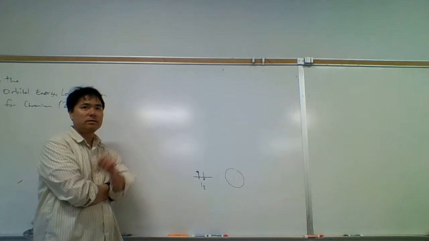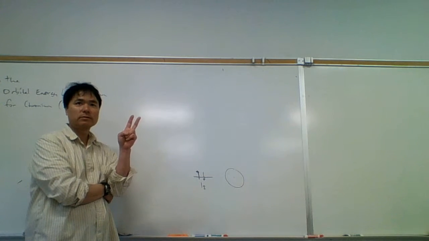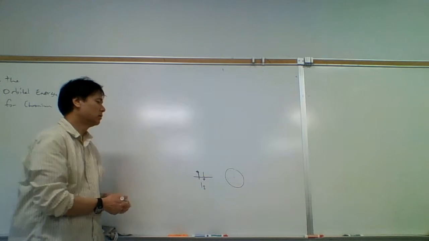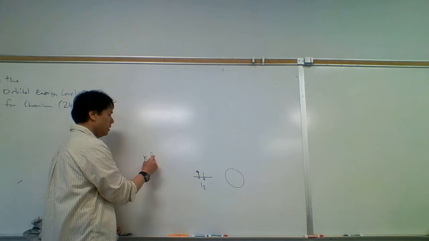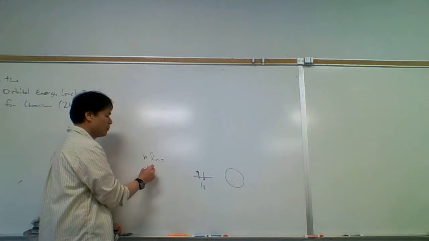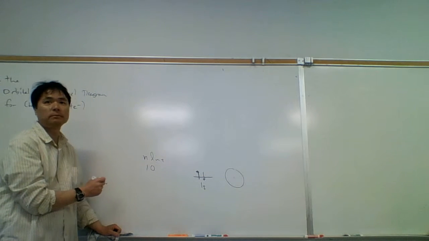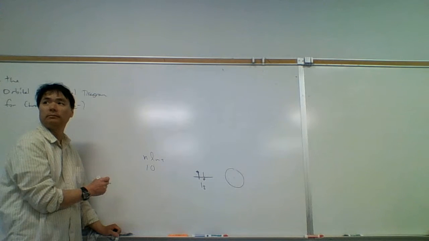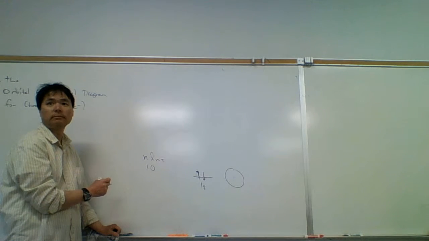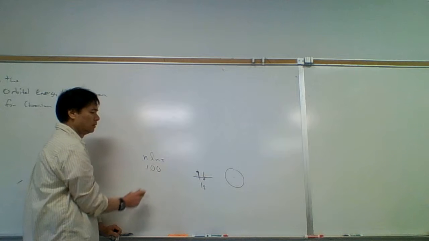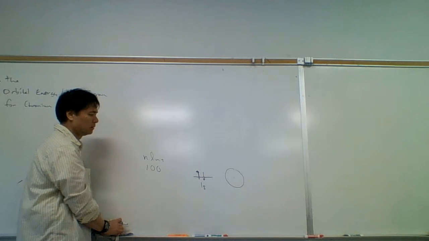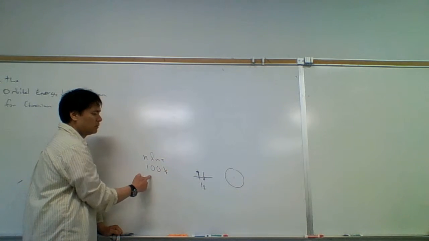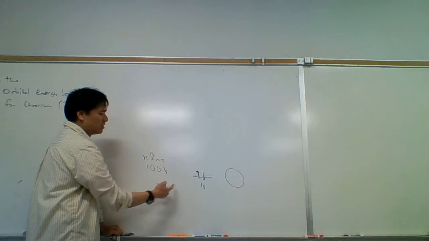It's 1 0. What's the third quantum number? The quantum numbers are n, l, m, and s. So we have 1 0. What's m? It's 0. And s? 1/2. So this first one's 1 0 0 1/2.